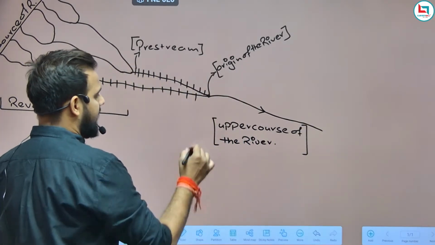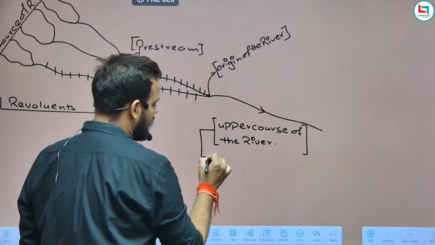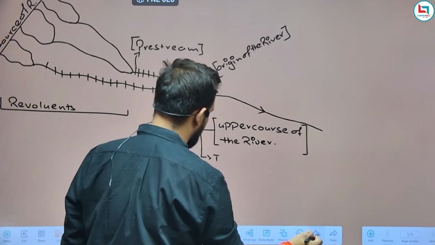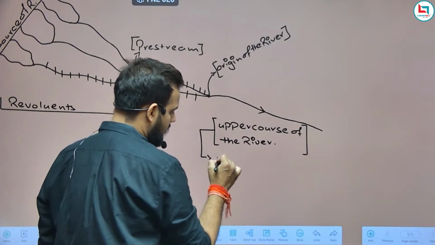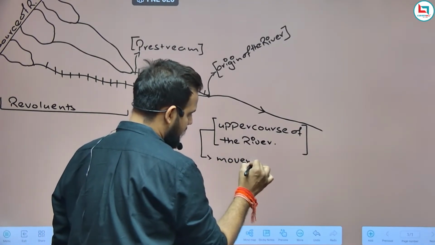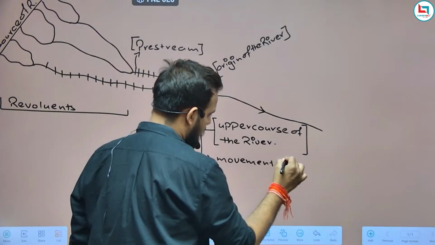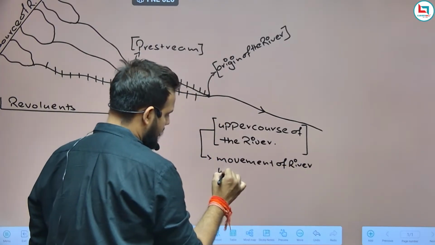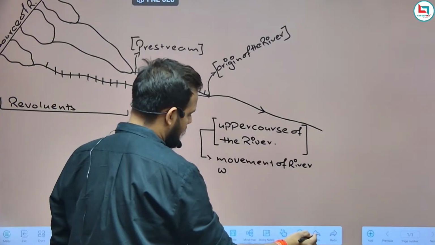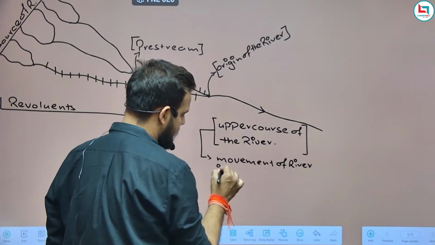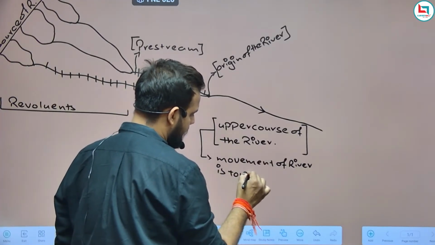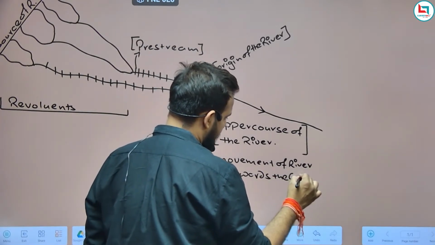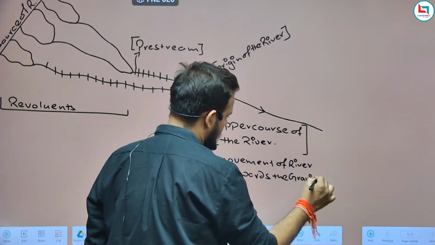Now guys, we had seen that river is moving towards the gravity. The movement of river is towards the gravity.